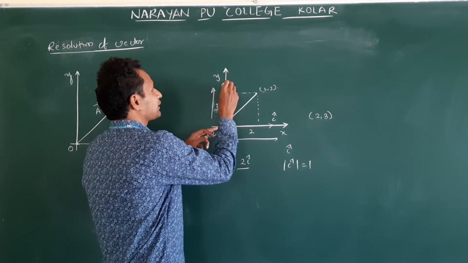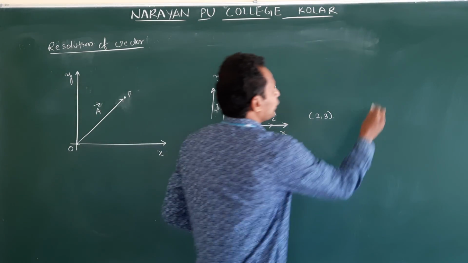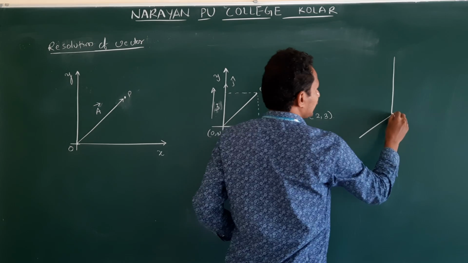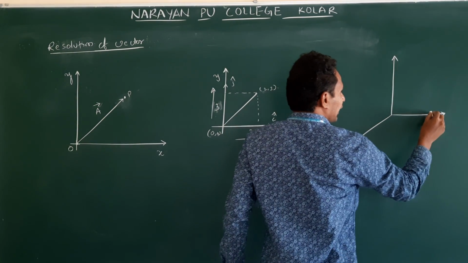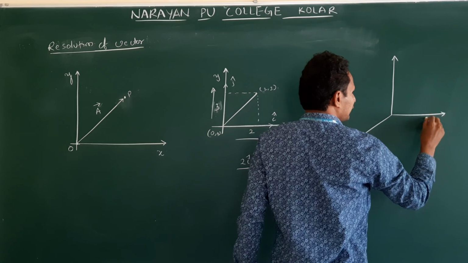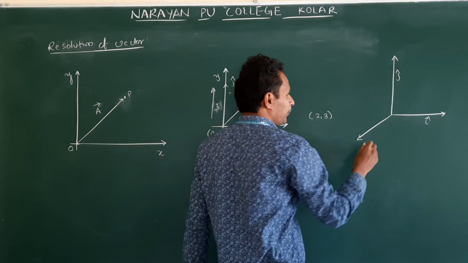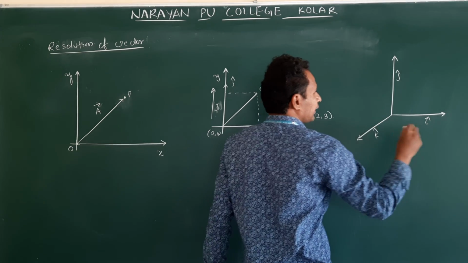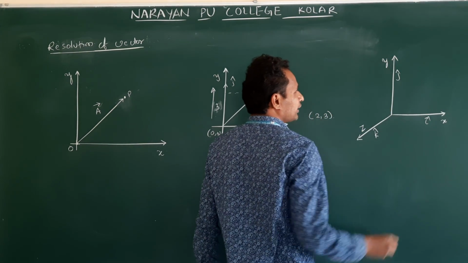And along the y direction, we use a unit vector j cap. Understand? If you take the coordinates like this: along the x-axis the representation is I cap, y-axis j cap, z-axis k cap. This is x, this is y, this is z.